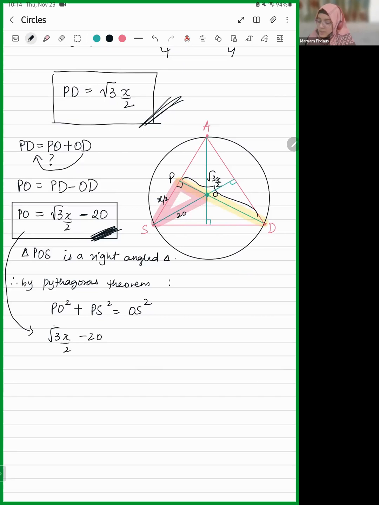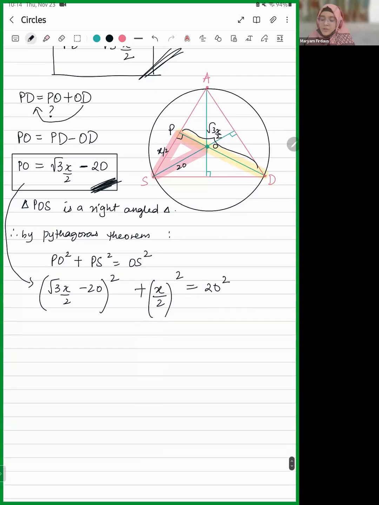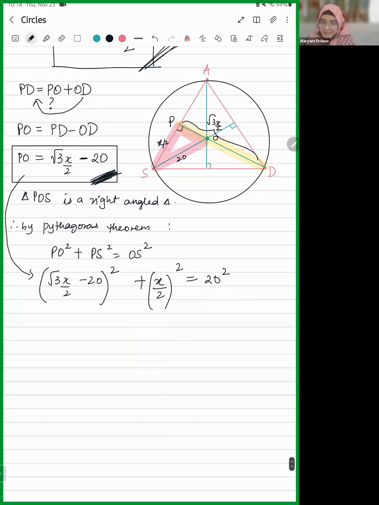So we take a square of that plus PS whole square. PS is how much? x by 2. So x by 2 whole square is equal to OS whole square, which is 20 square. Now it's pretty easy. We can just expand these and easily find x from here.